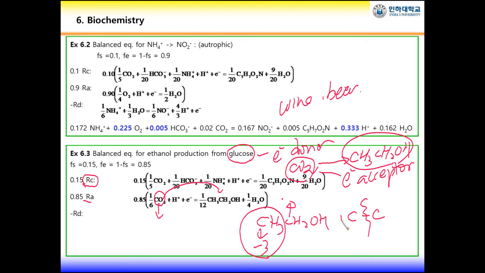So CH3 we have -3 here, and CH2OH is -1, right? So -4. So the oxidation number of the 2 carbons in ethanol is -4.